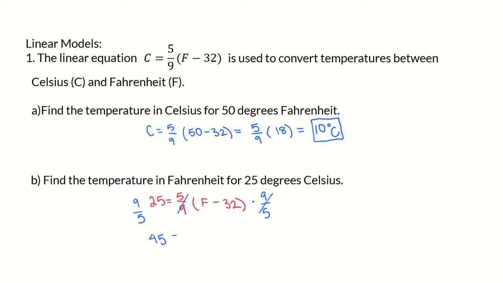So then we have 45 equals F minus 32. And to solve for F, we would add 32 to both sides to get 77. So 25 degrees Celsius is equal to 77 degrees Fahrenheit.